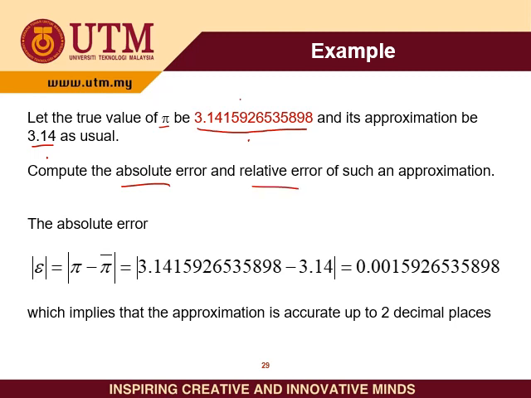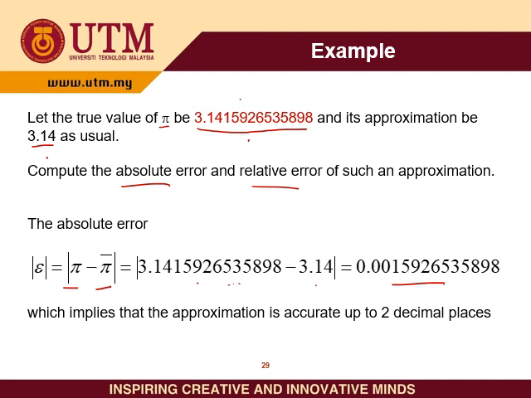So we already know that to compute absolute error, it is the true value minus the approximate value. So 3.14159 and so on, minus 3.14. So you will get your absolute error, which implies that the approximation is accurate to 2 decimal places.